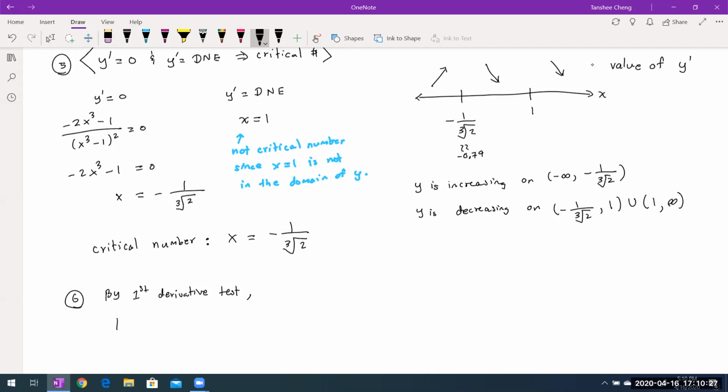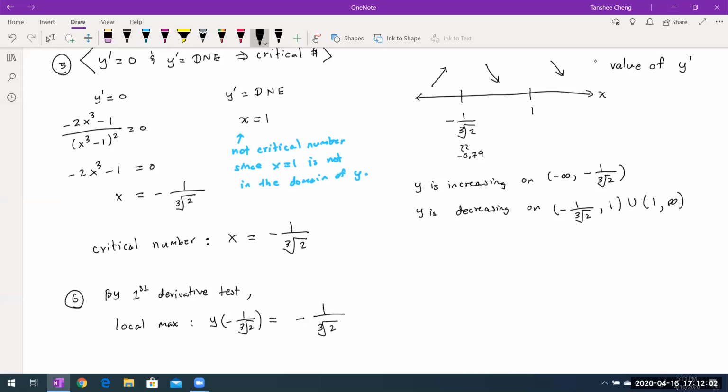We have a local maximum at f of negative 1 over cube root of 2. And we want to find out what the local maximum value is. So using the calculator or by hand, try to compute that.